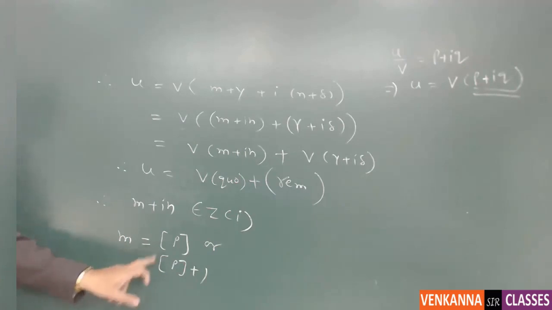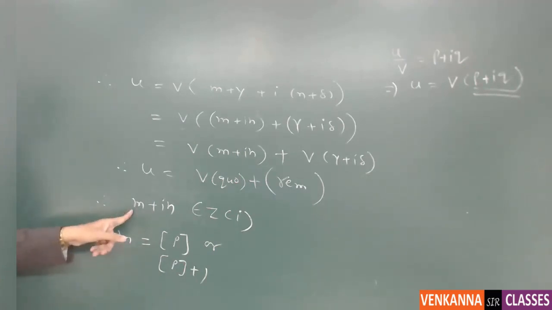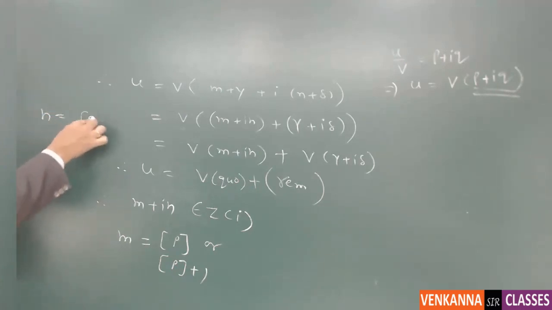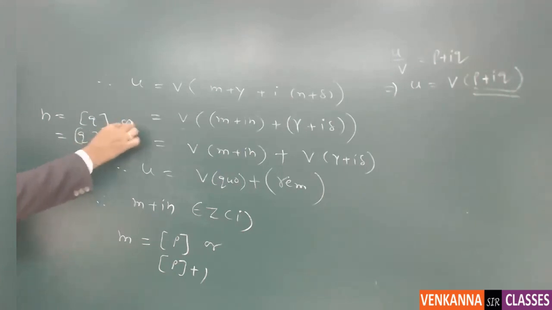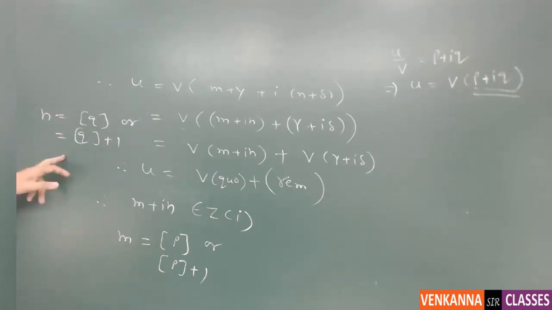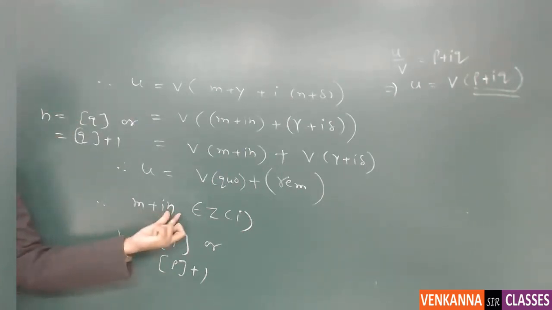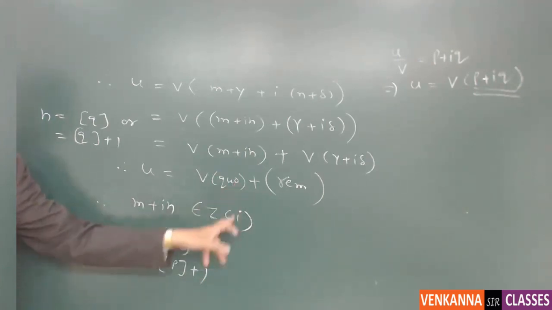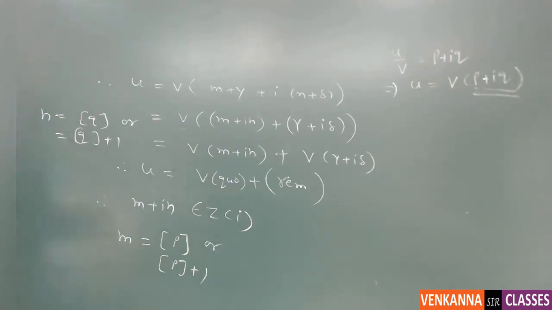These are integers, so m is an integer. And for n also it is the integer part of Q or integer part of Q plus 1. These are integers, so this is an integer, hence this value belongs to Z of i. So the quotient belongs to Z of i. Clear?